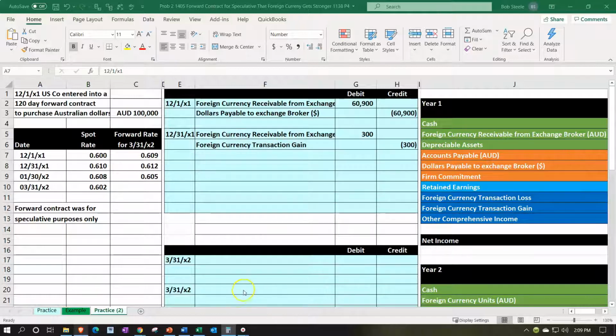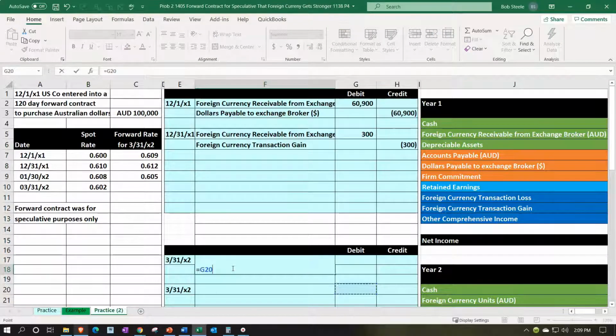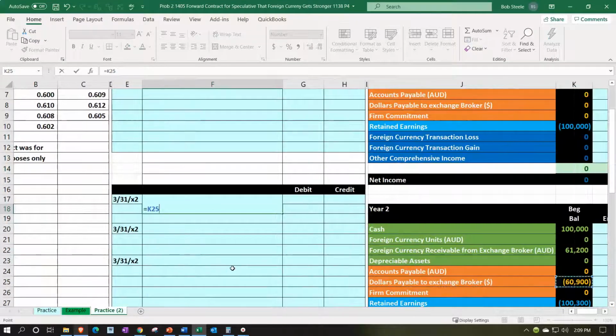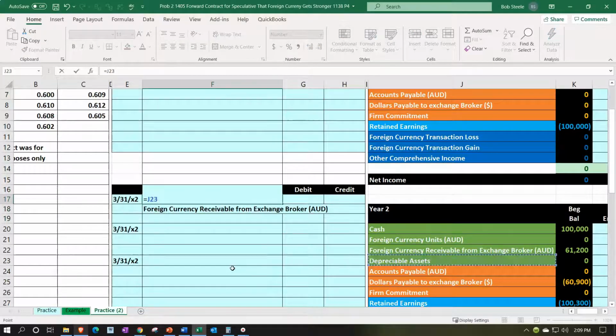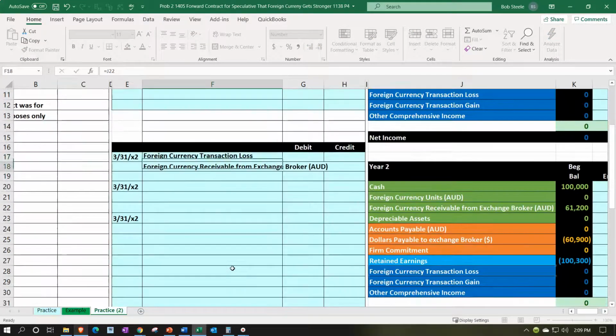So now we've got to take this down. The receivable needs to go down, so I'm going to credit the receivable, and the debit is going to be for a loss now. Now we've got a loss.